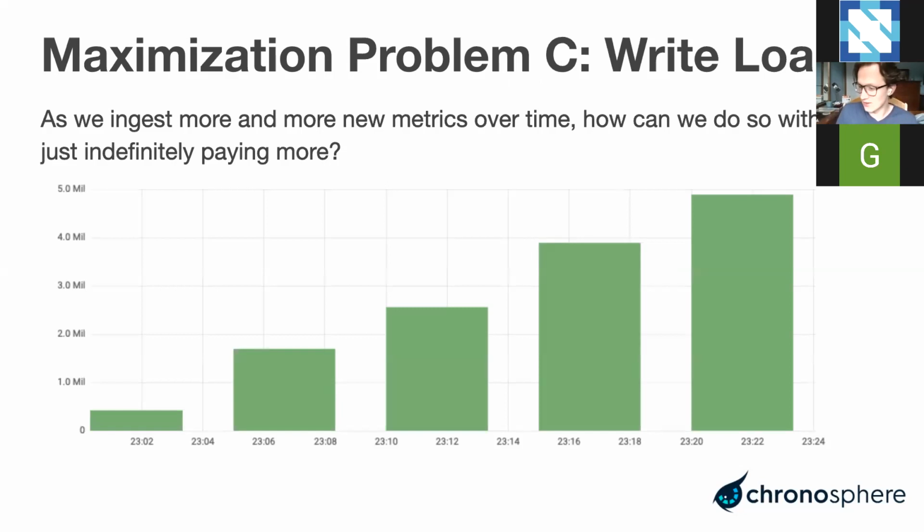And so then lastly, a maximization problem is handling the ever increasing write load that we see with the increasing cardinality of metrics over time. Obviously, if we're seeing linear increases in the number of series being produced, we could just linearly pay more to support that.